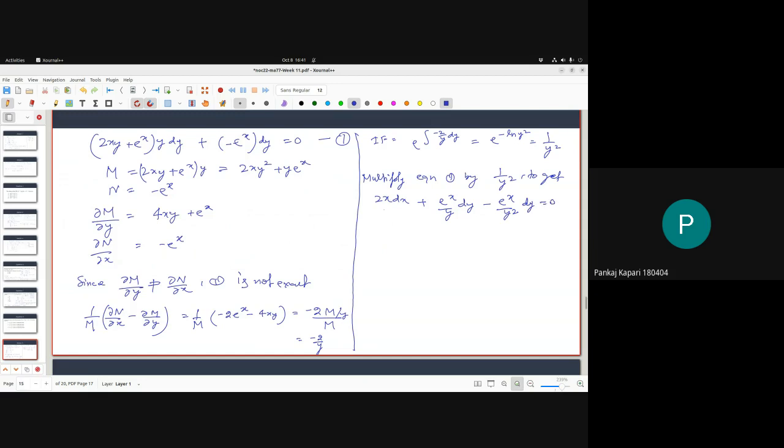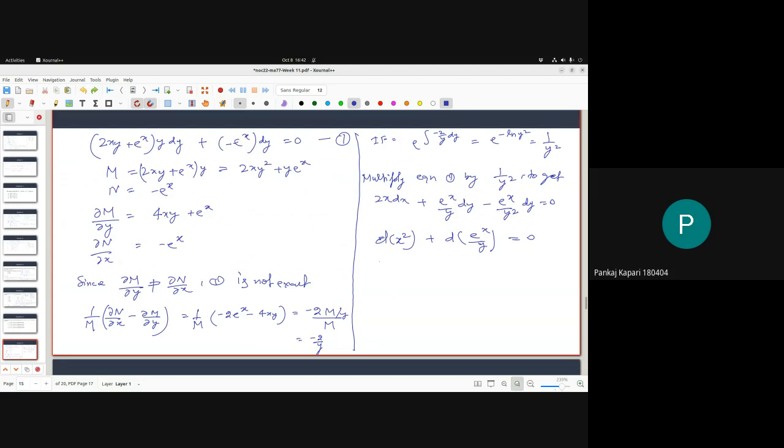You can see that the first term 2x dx just becomes d of x square, right? D of x square is 2x dx. Now the whole thing just becomes d of e to power x divided by y is equal to 0. Why? If you find the differential of e to power x divided by y, you can see that it exactly turns out to be this part.